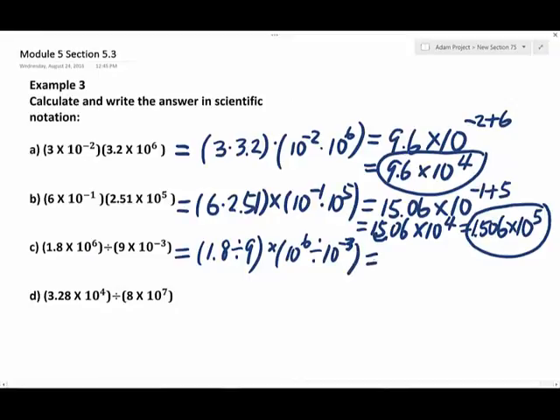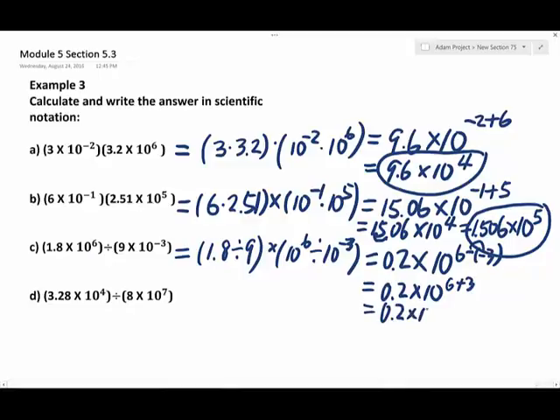Alright, so we divide 1.8 by 9, we end up with 0.2. When we divide two exponents with the same base, we keep the base 10, then we subtract the exponents, 6 minus negative 3. So we come up with 0.2 times 10 to the minus becomes plus, 6 plus 3. So it comes out to be 0.2 times 10 to the 9th power.